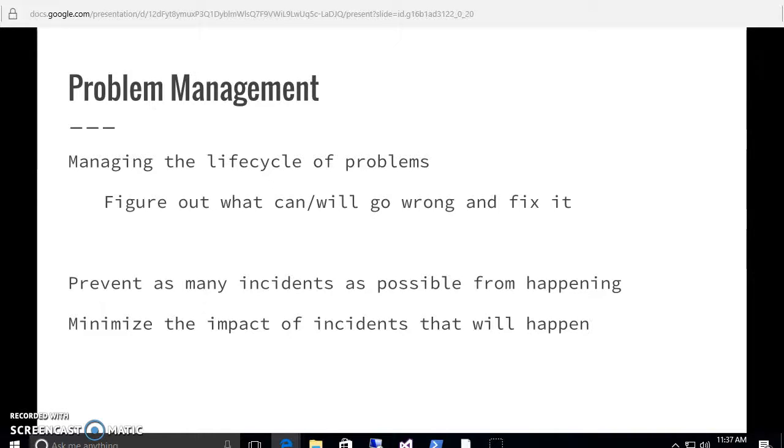During problem diagnosis and resolution, the next sub-process, it's being able to identify the root cause of an issue, to be able to stop other problems from occurring stemming from that same issue, and being able to really fix the problems so that they aren't recurring.